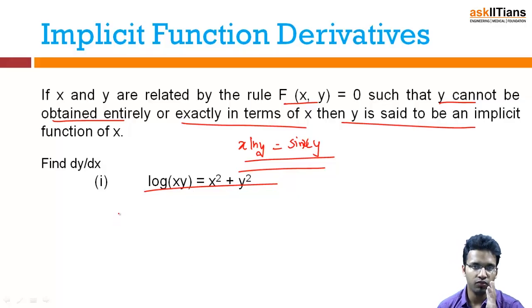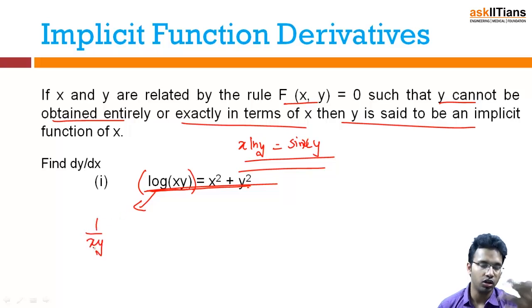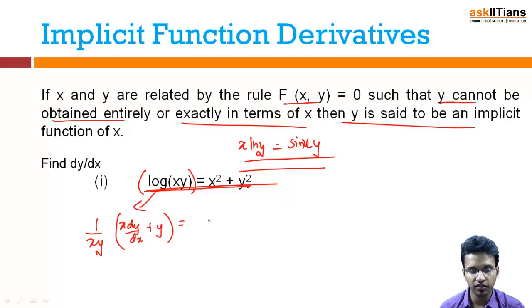If I talk about the left hand side, first you apply the rule for differentiation of log, not logarithmic differentiation. Then the product rule on xy, so x into dy by dx plus y, because dx by dx is 1. This is equal to 2x plus 2y dy by dx.